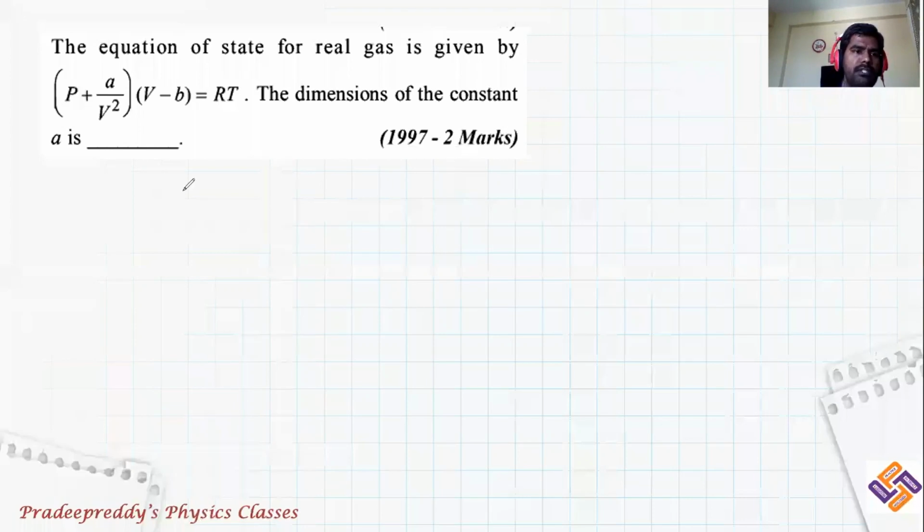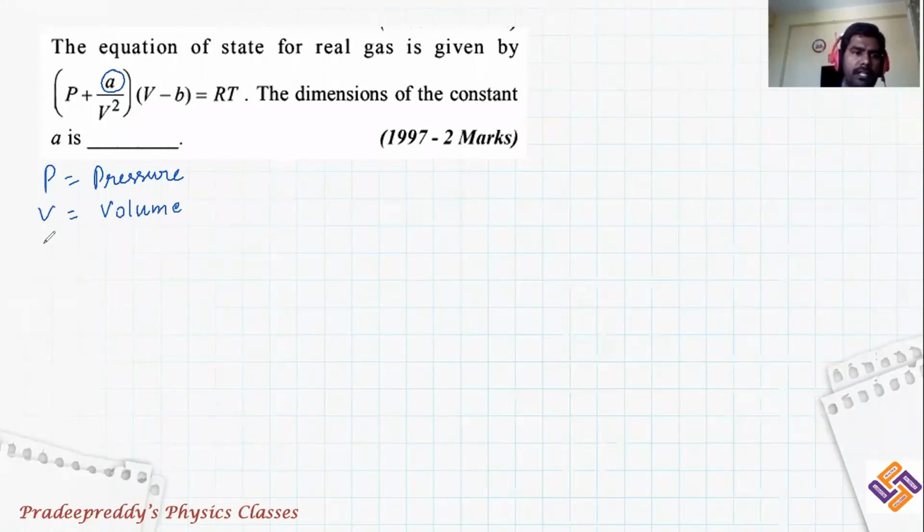Students, you have one more question here. The equation of state of real gas is given by P plus A by V square into V minus B is equal to RT. The dimensions of constant A. You should find out dimensions of this constant A. Right? Here P is equal to pressure and V is equal to volume.